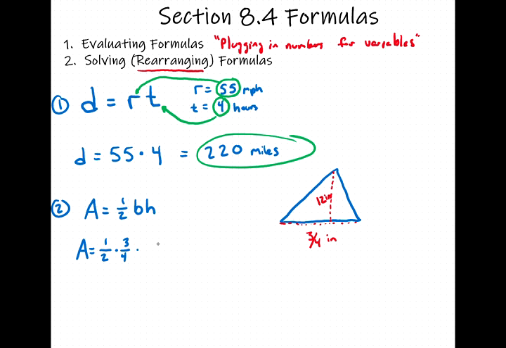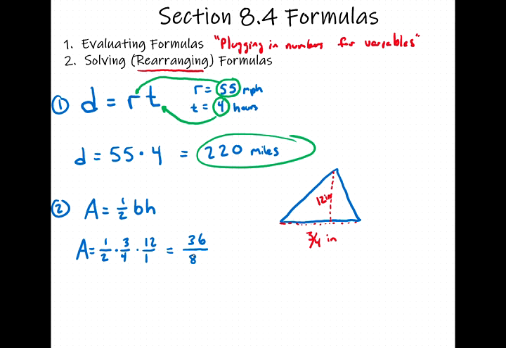So let me erase that, and we'll say 12 or 12/1. Okay, so to evaluate means plug the numbers in and do the math. Okay, so if we multiply across the top, 1 times 3 times 12, that gives us a 36 on top, and on the bottom, 2 times 4 gives us an 8.